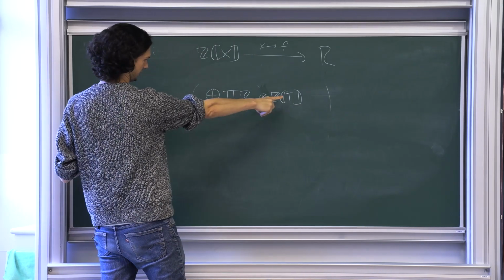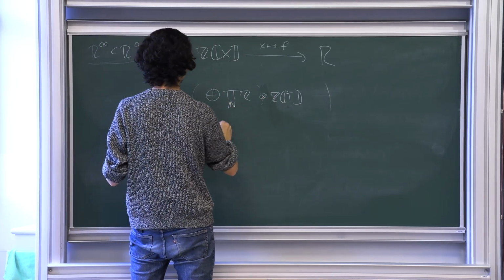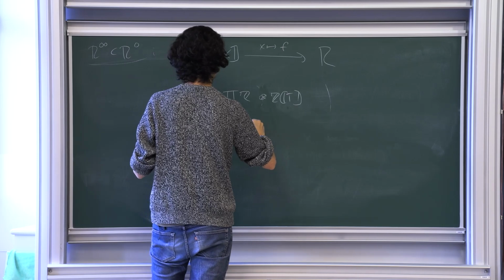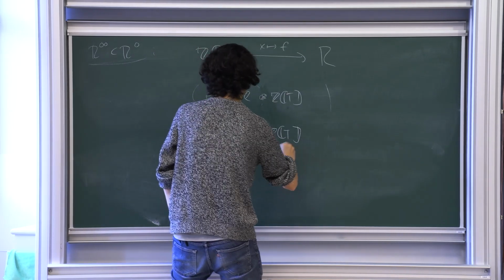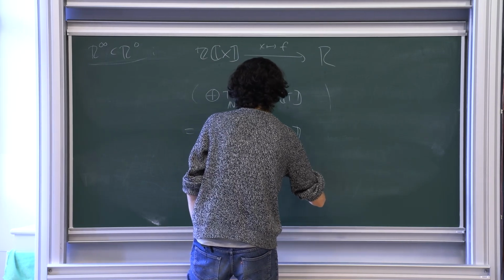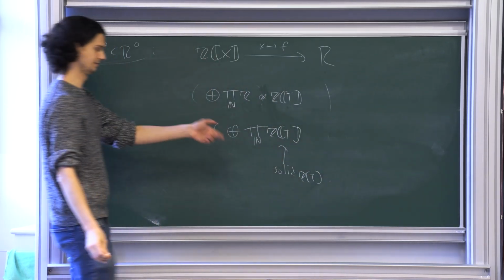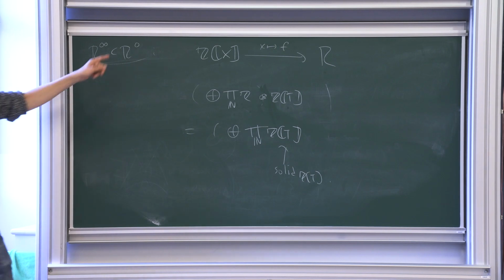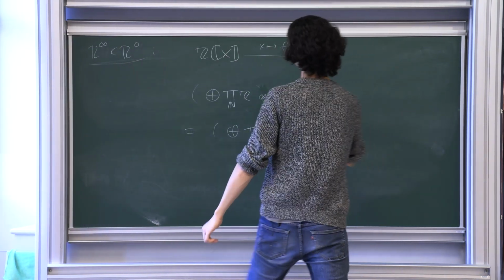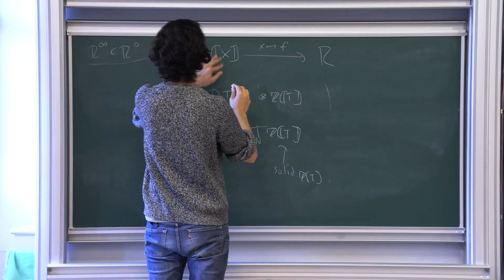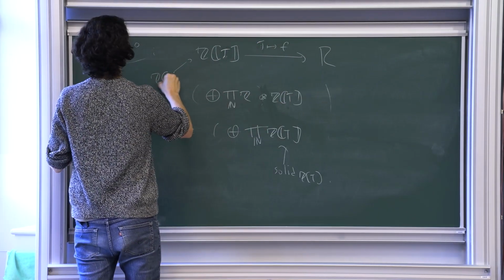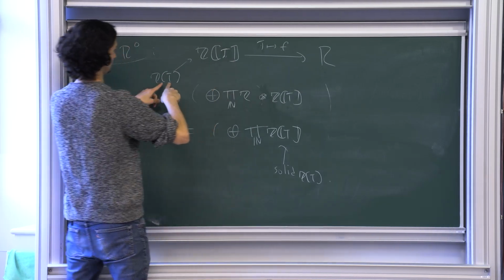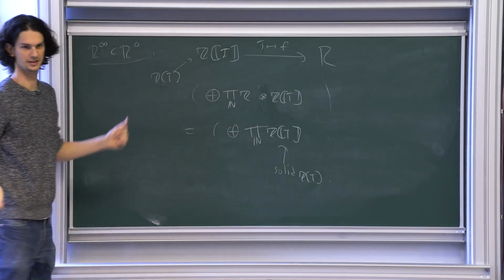But we know how to compute this tensor product. They're both just products of copies of Z, so this is a direct sum of products of copies of Z[[T]]. And this is also solid over Z[T] already. So we conclude that R is actually solid as a Z[T] module.